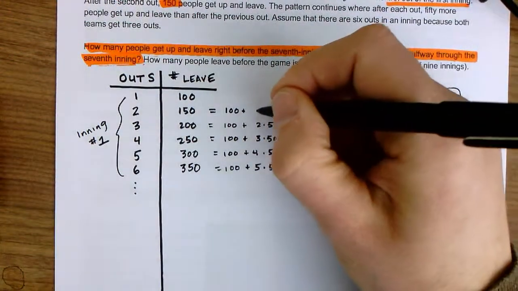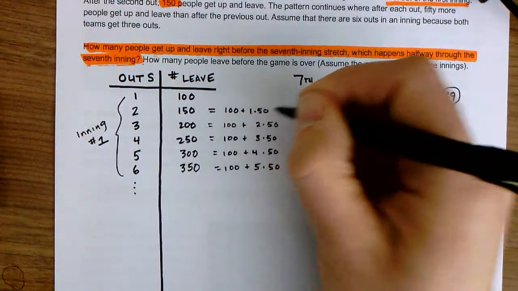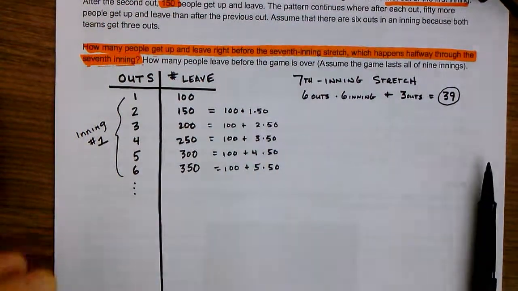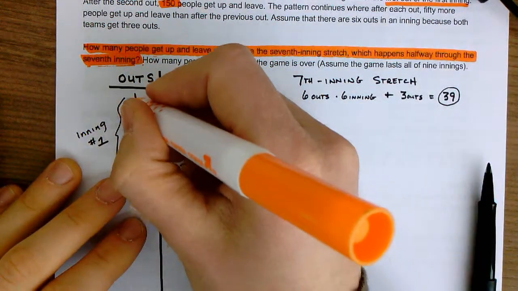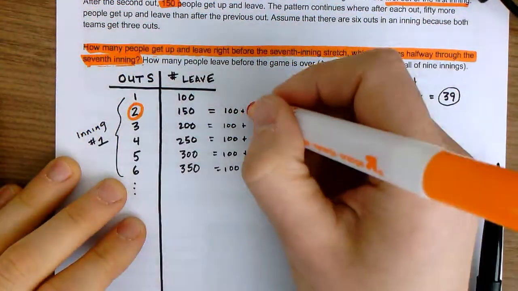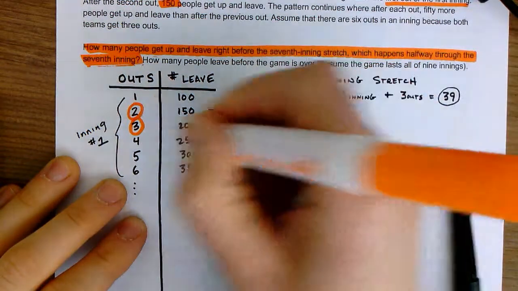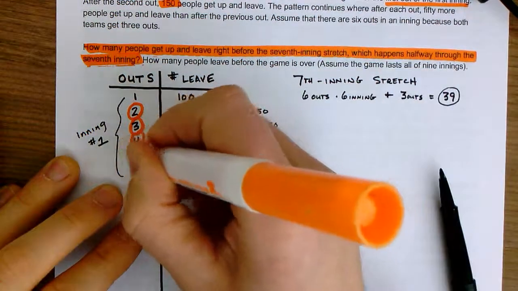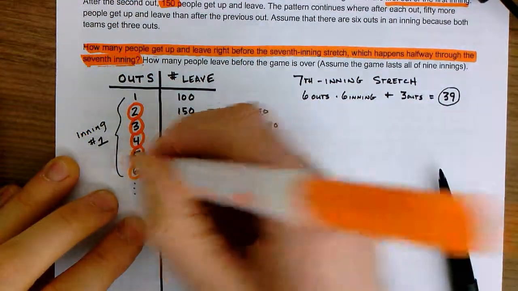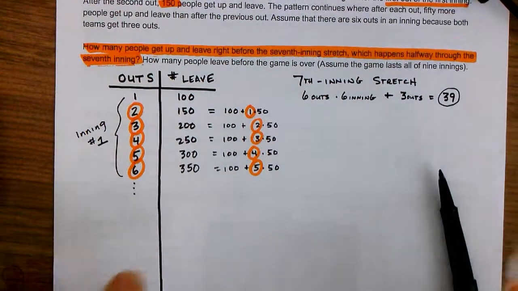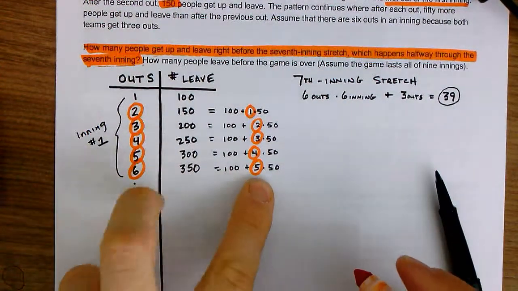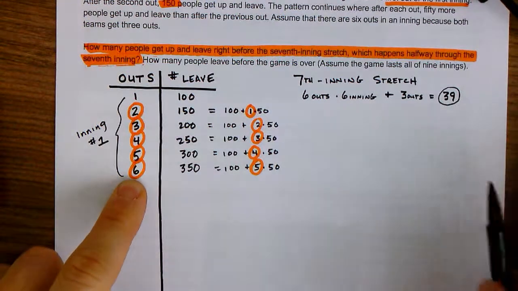Ooh, and if I wanted to, I could call this 1 times 50. Now the reason this is helpful is that if you look at the number of outs that have happened and the number in our pattern here, 3 and 2, 4 and 3, 5 and 4, 6 and 5, what you can see is that this number right here is always 1 smaller than the number of outs.